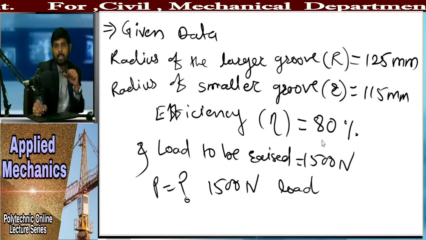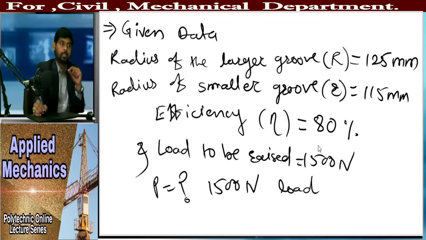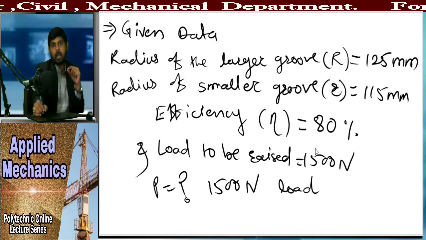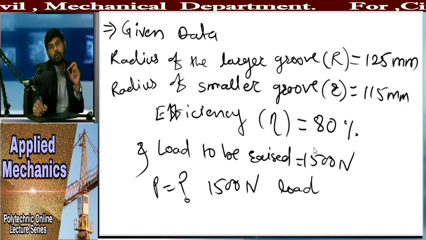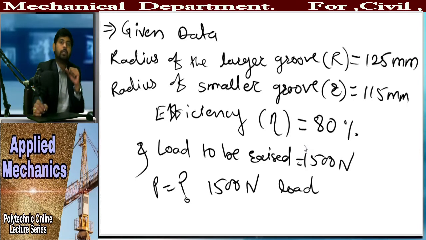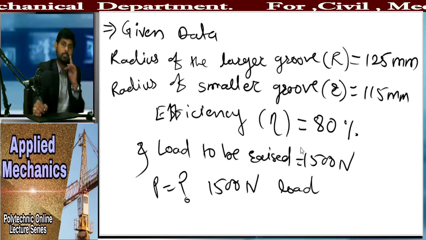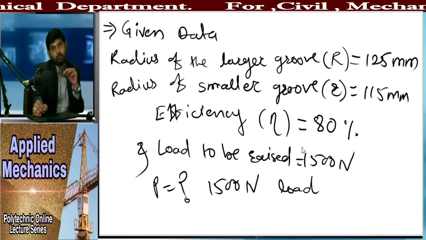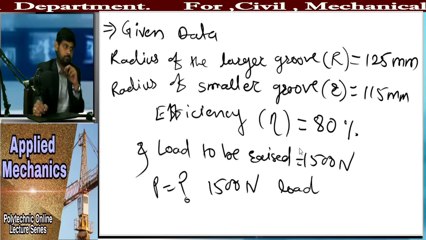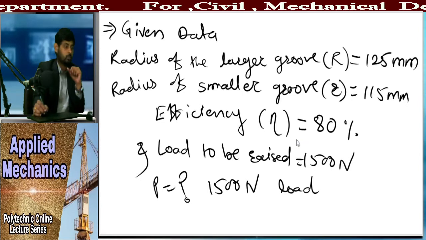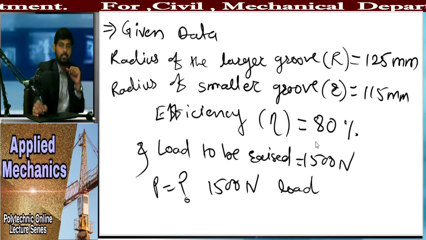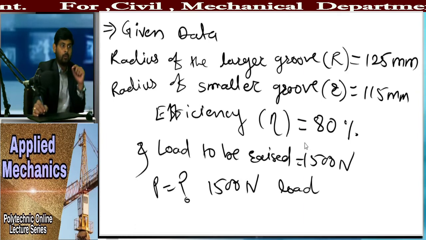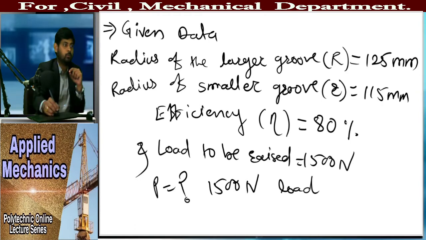So what the given data is, you can see the radius of the larger groove, that is capital R, is nothing but 125 mm. After that, the radius of the smaller groove, that is small r, is equal to 115 mm. Then efficiency is also given to us, that is 80%, and the load to be raised, W, is given to us.